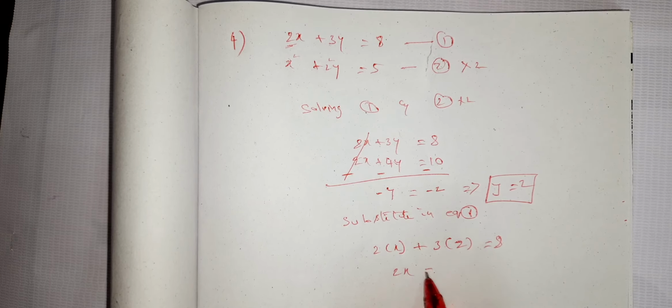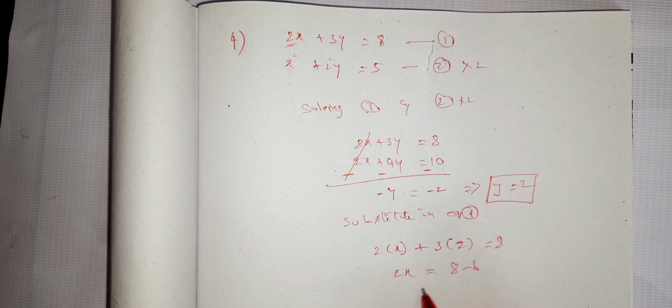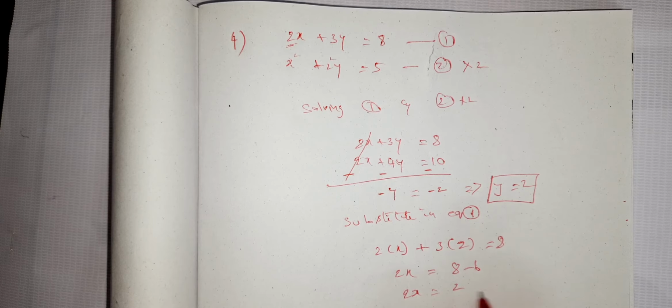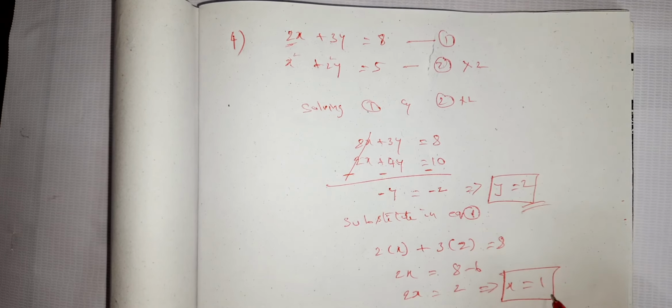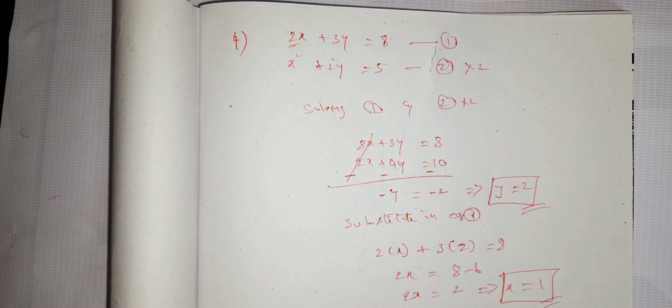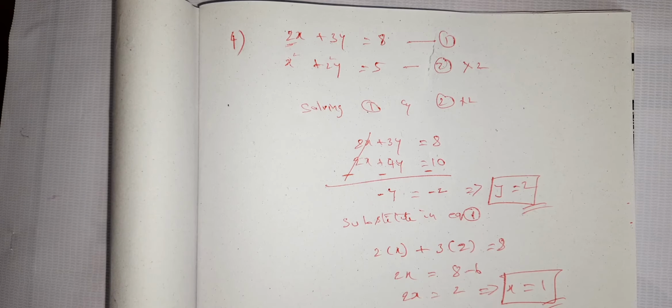That is 2x is equal to 8 minus 6, which is 2, implies x is equal to 1. So we got the solution to be x is equal to 1 and y is equal to 2. This is elimination method. Yeah, please note it down.